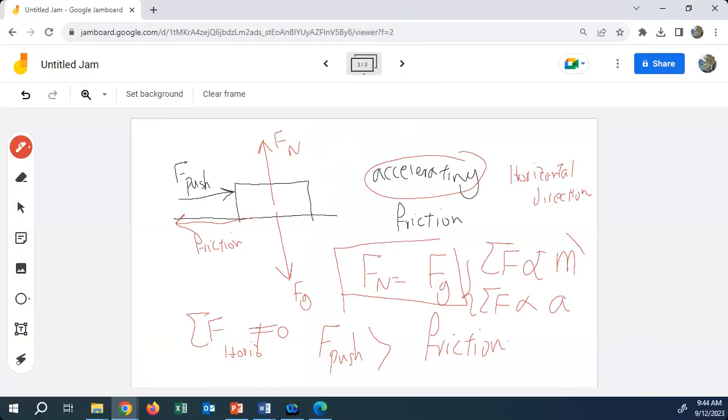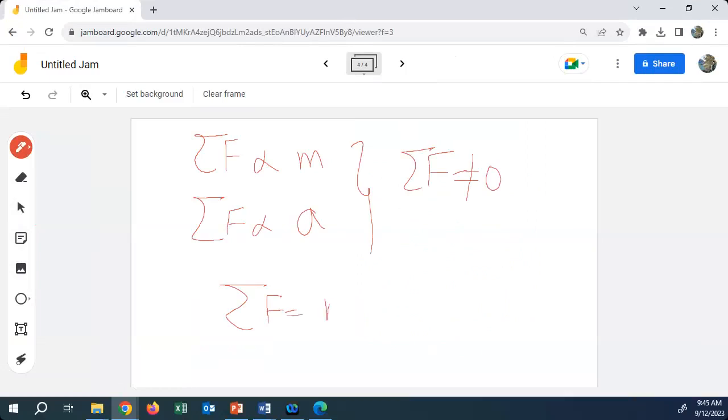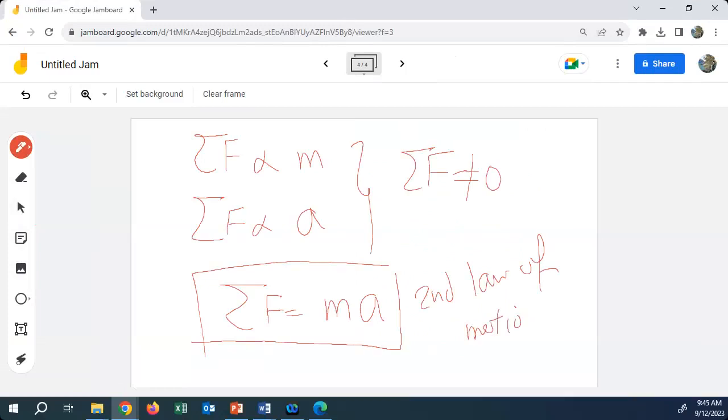So by these two, let me go to the next page. I can say sigma F is directly related to the mass. Sigma F is directly related to the acceleration. And we know that sigma F is not zero. What does it mean? It means that sigma F is equal to mass times acceleration. Newton's second law of motion. Good.